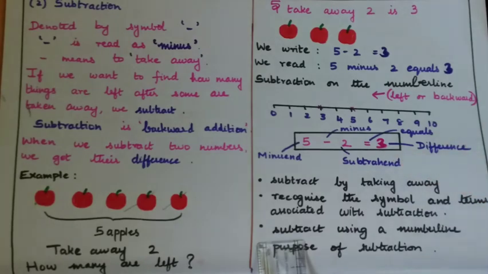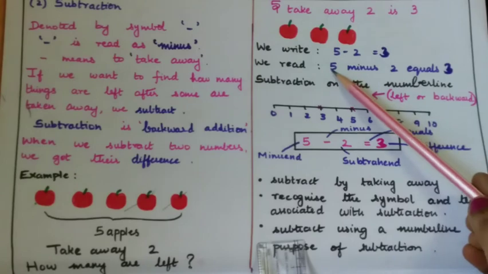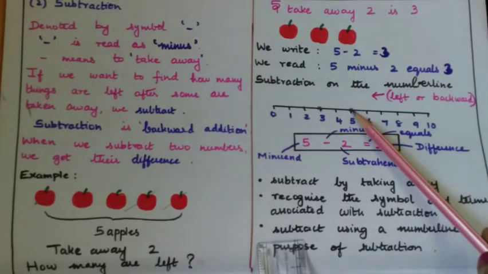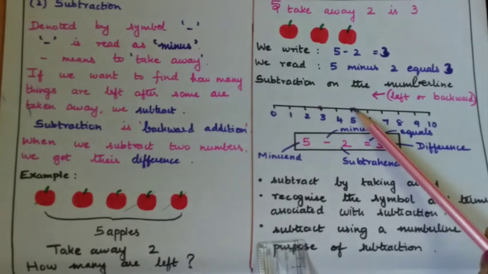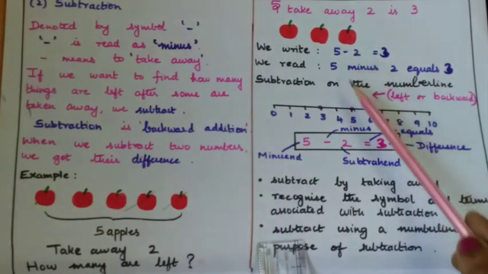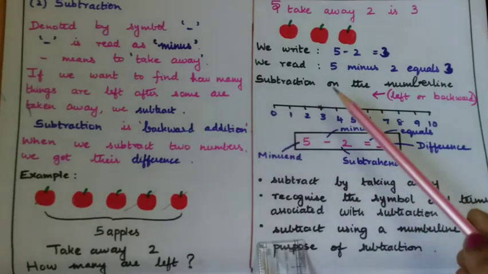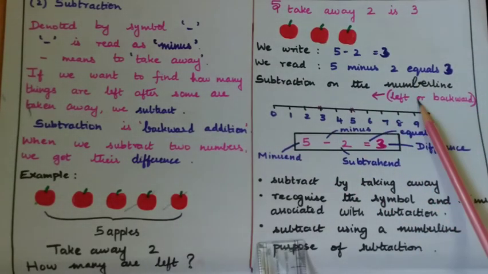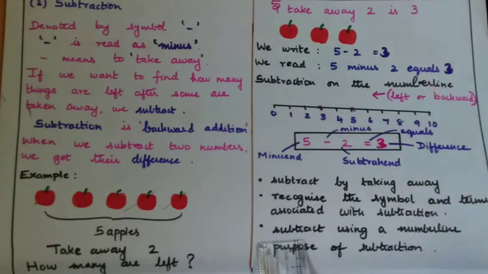Now let's see how to perform subtraction on a number line. So we need to start from number 5 on the number line because the child has 5 apples initially. And to perform subtraction, we need to move towards the left, that is backward on a number line.